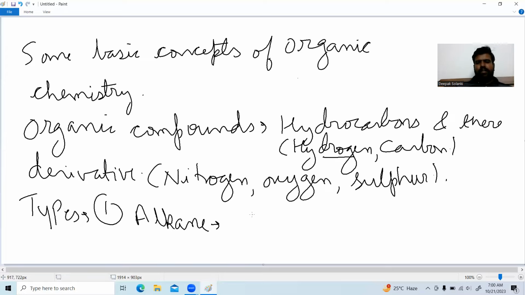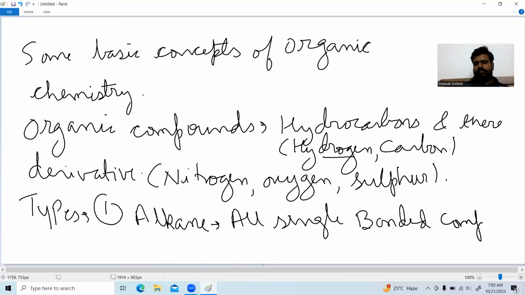All single bonded carbon compounds, for example, C single bond C. It is an alkane, and the suffix used is ane.